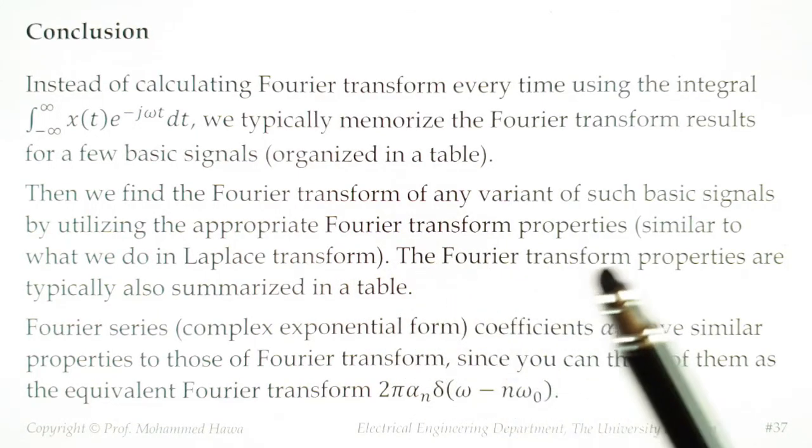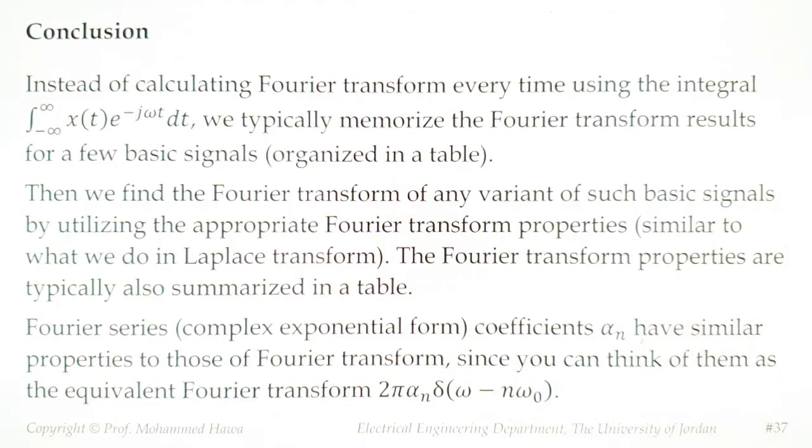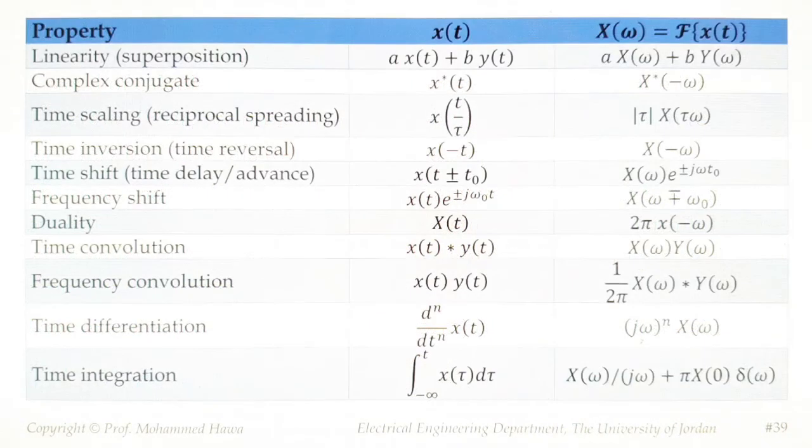Usually we summarize the Fourier transform properties also in a table, something like this. So if you memorize the table for the basic signals and the table for Fourier transform properties, you will be able to find the Fourier transform for many signals without any integration.